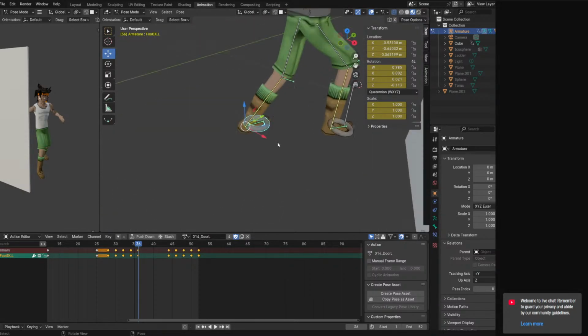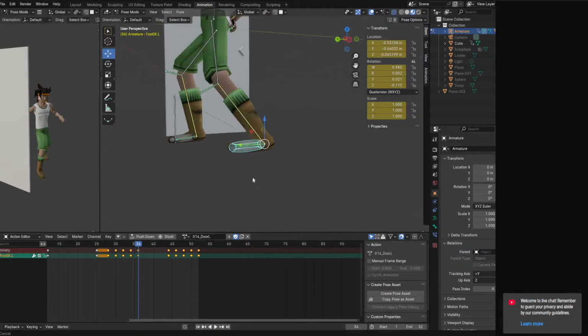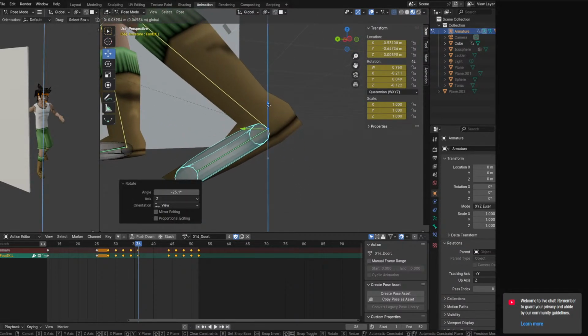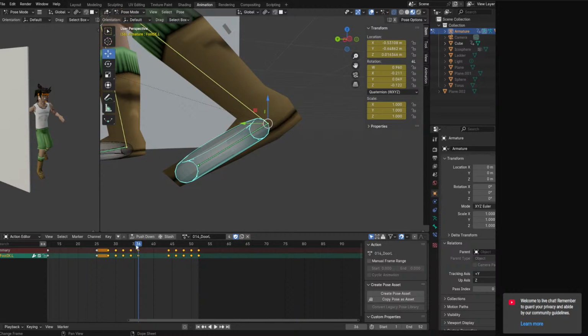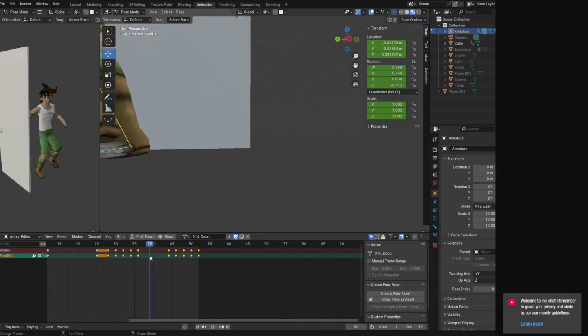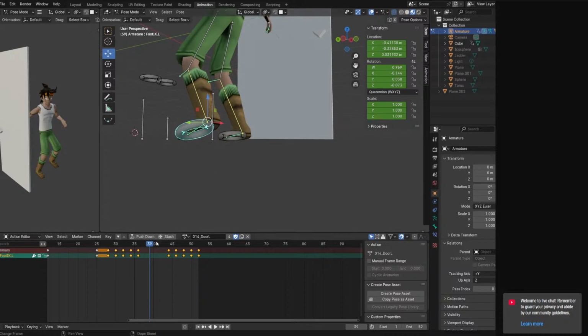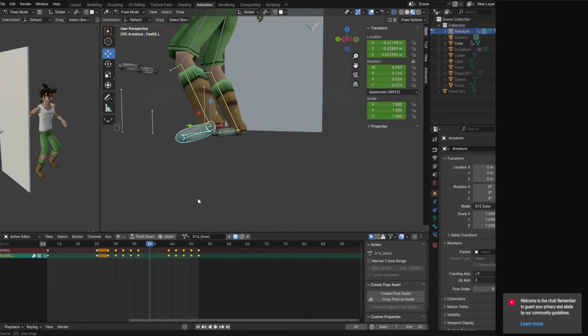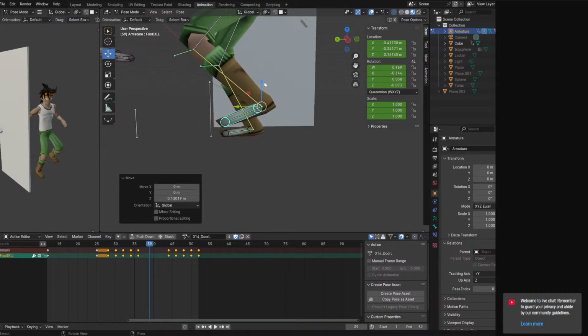Actually, on the last frame of this his foot being on the ground, let's lift his heel. And then lift his foot off the actual ground.